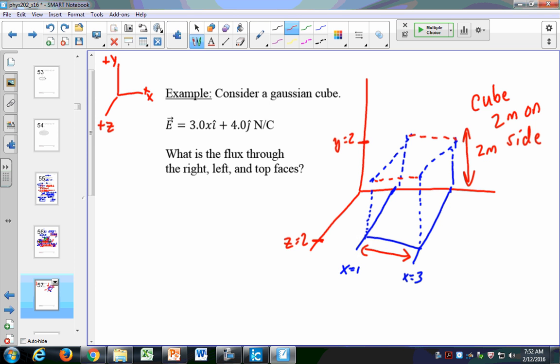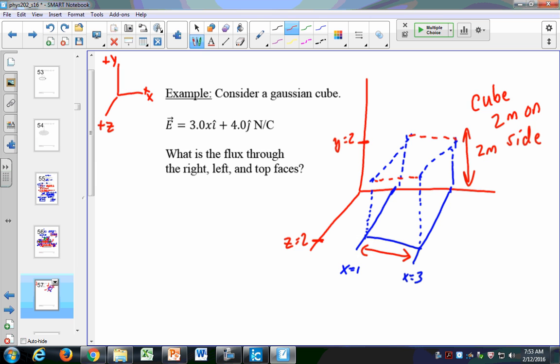This is our electric field. And I want to know what is the flux through the right, the left, and the top faces. That is through the face on this side, that's the left face, the face on the right side, and then the face on the top side. I have this cube. I want to know the flux coming through this side, and this side. We'll return to this problem later, and we'll actually figure out what is the total flux through the cube, given this electric field, and then from that we'll determine what is the charge inside of the cube.